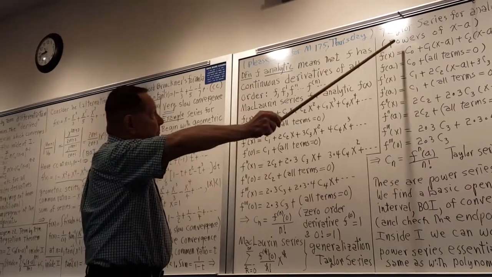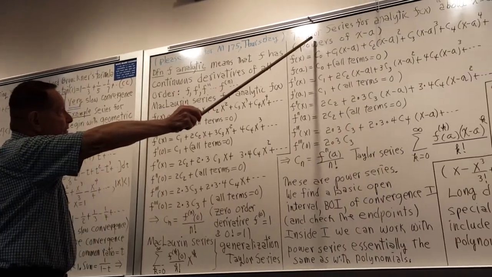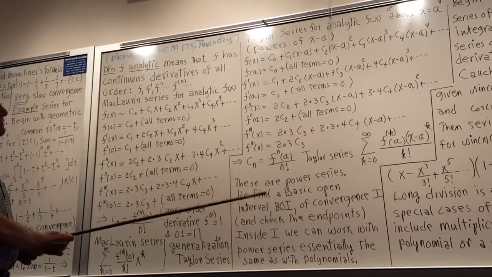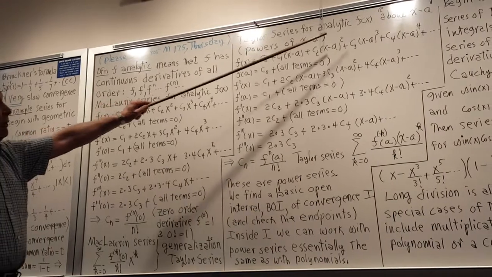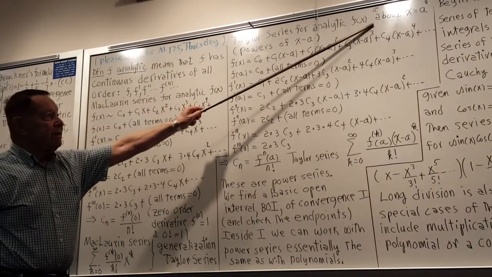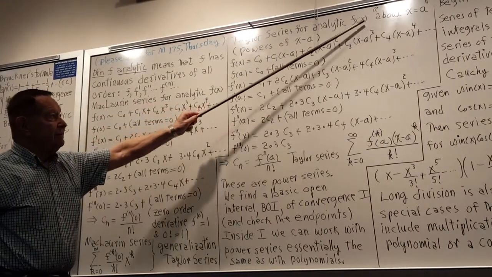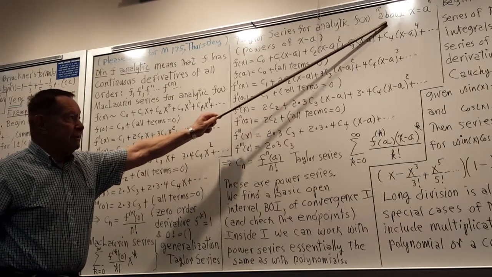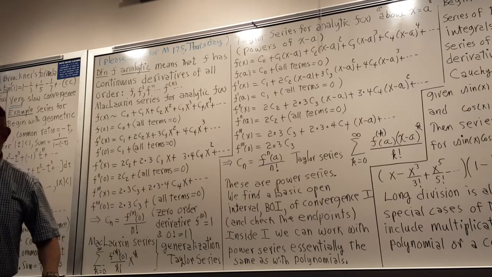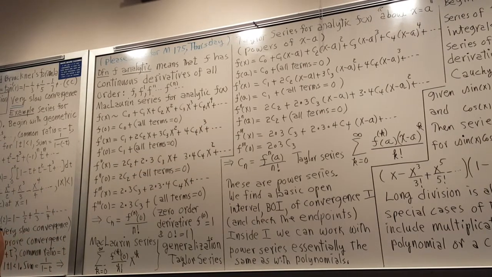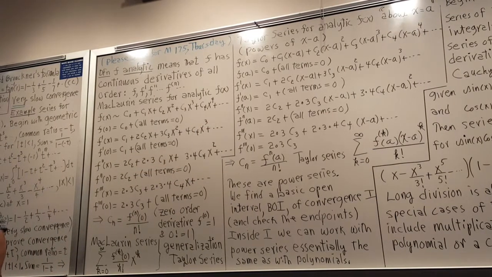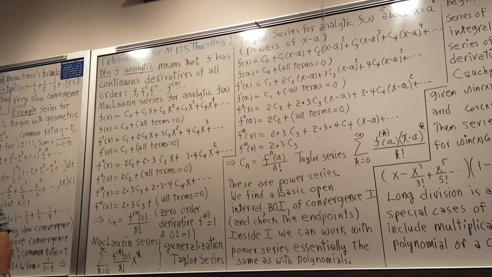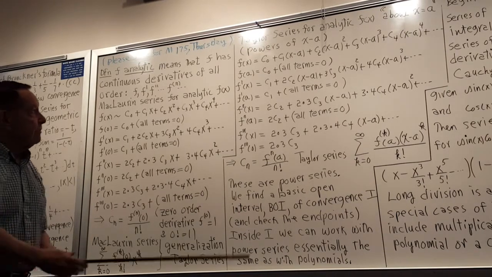In the same way, we can write a Taylor series. The book uses the language of the series of the function about x equal a. What they mean is that when you write the series, you'll have powers of x minus a.